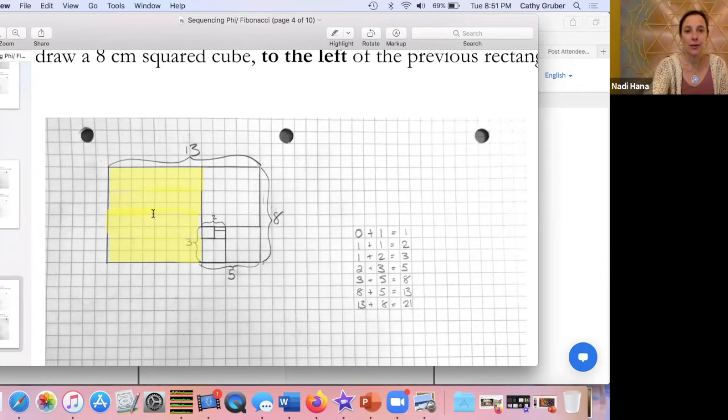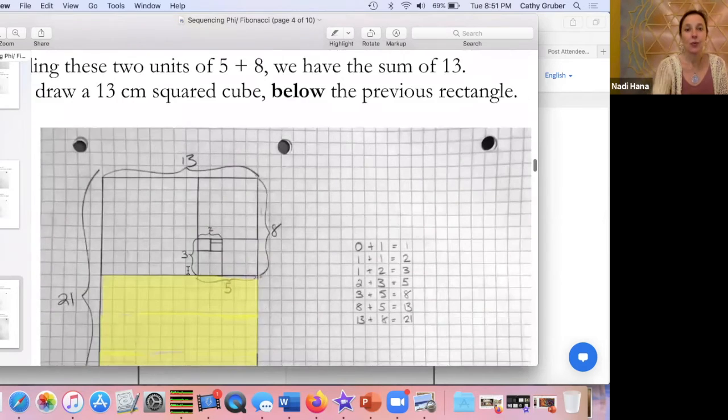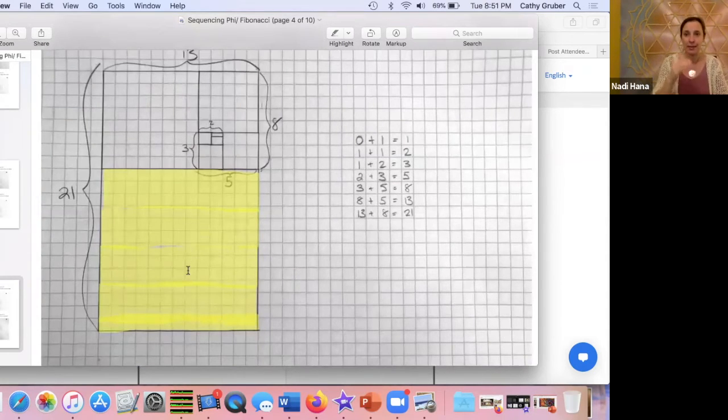So once you've got this, we're going to add the width of 8 as well as 13, and that will give us 21. So building downward, we're going to add 13 cubic centimeters square to the pre-existing 8, right, using the external boundary for measurement. And that is going to give us the width of 21.